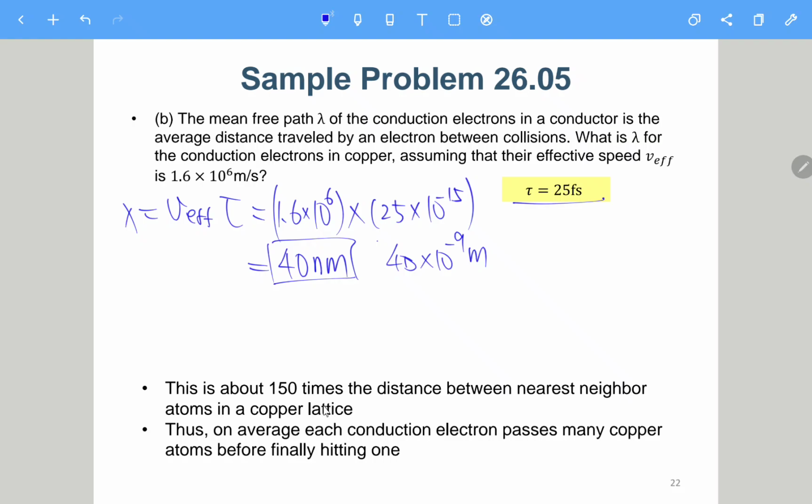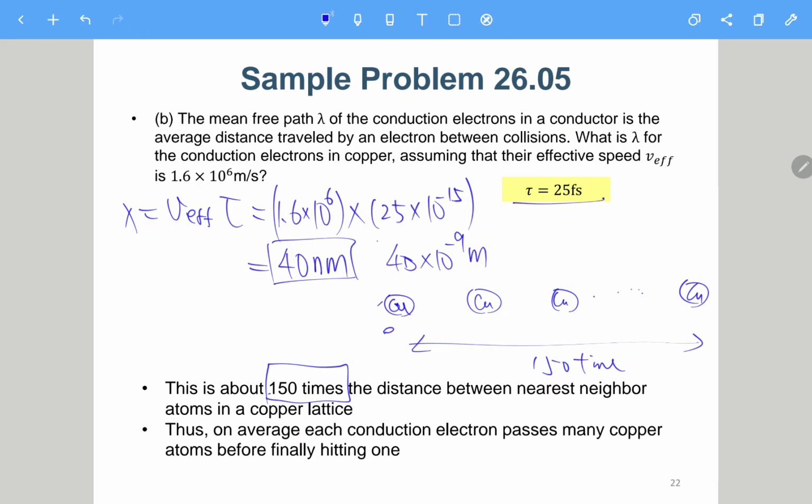Lattice, maybe you have heard this term in high school chemistry. So this is about 150 times, which means that for the lattice, I'm not sure whether it is a rectangle shape, but if it is like this, this is copper. So it takes 150 times.